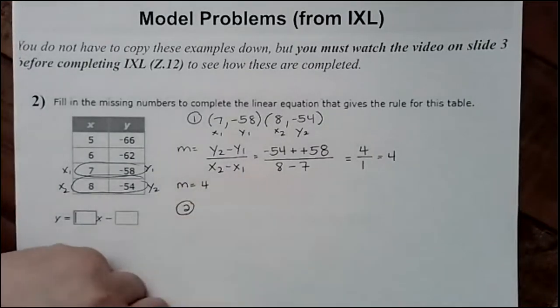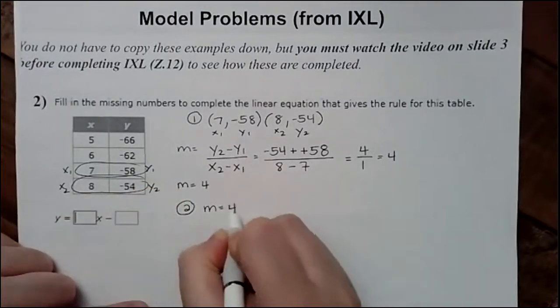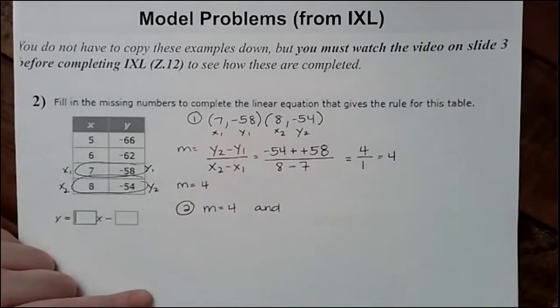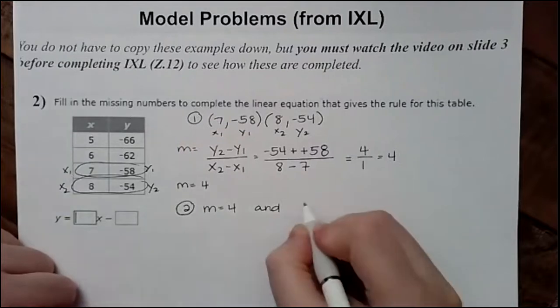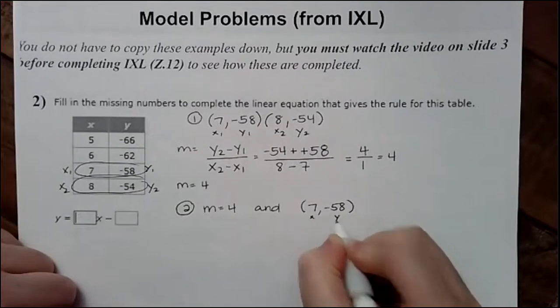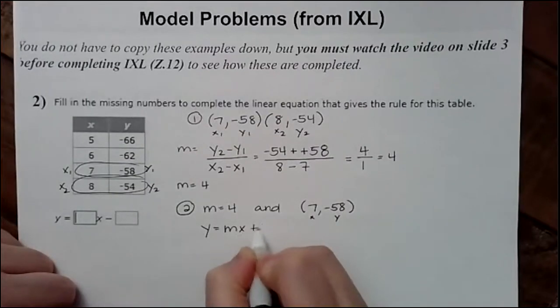Step 2, I have to use the slope and one other point. Again, I'll just use the first one like I've been doing. So remember, if you repeat the same steps, you'll get better at it, okay? 7 comma negative 58. Remember, this is my x and this is my y. Plug it into the formula, y equals mx plus b, right?